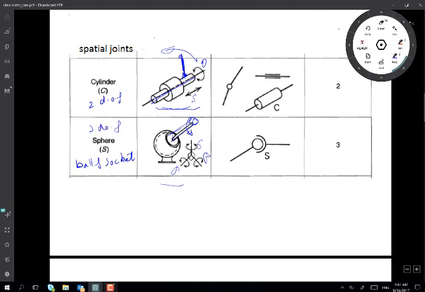Why 2 degrees of freedom? Because the cylindrical joint allows for sliding independent from the rotational motion theta. You can fix S, no sliding, and rotate theta, and you can fix theta, so it doesn't rotate, and slide. There are two independent things allowed by the cylindrical joint.